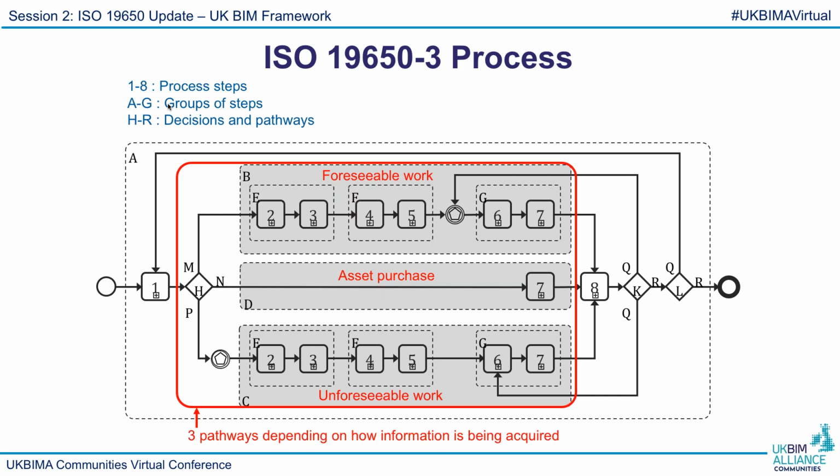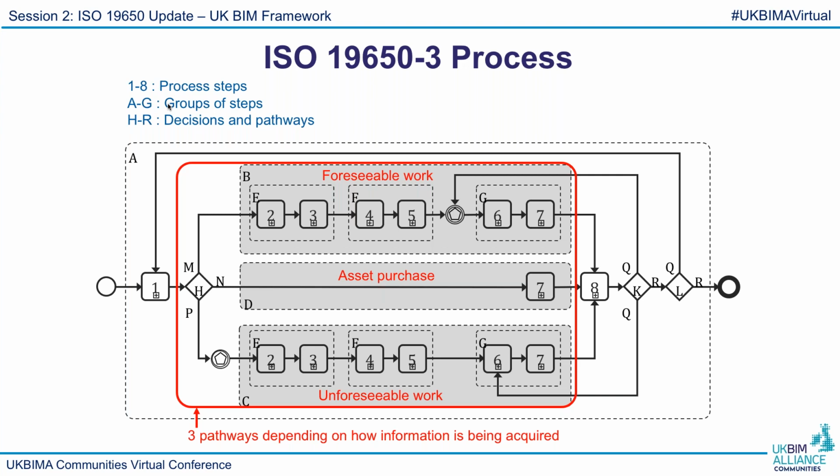So in some cases, information comes from items of work that can be foreseen and planned, and where the tendering and appointment of appointed parties, lead appointed parties and delivery teams, their mobilization can all happen in advance of the event that is going to give rise to the information. And that event might then be repeated. You can see this is line B in the upper part of the diagram.